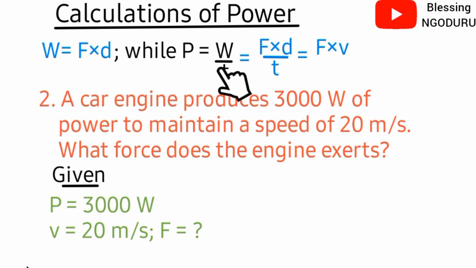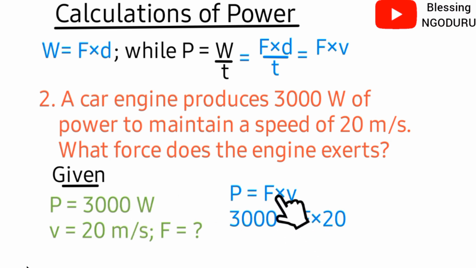Looking at the three formulas for power, power is given. Another parameter given is the velocity v, and we are asked to look for F. So this formula is suitable to answer this question. That is power equal to force times velocity. The power value given is 3000 equal to F times the velocity given, which is 20.